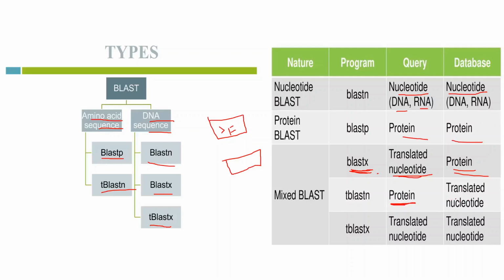So you are searching a protein query sequence against the translated nucleotide. The translated nucleotide will also be like a protein sequence, but the database contains the translated nucleotide, and it will perform the BLAST against that.